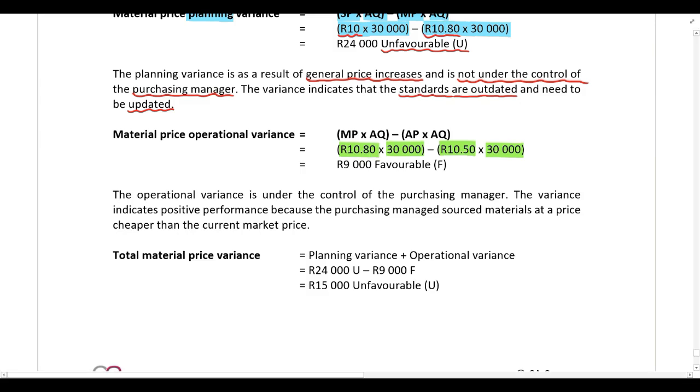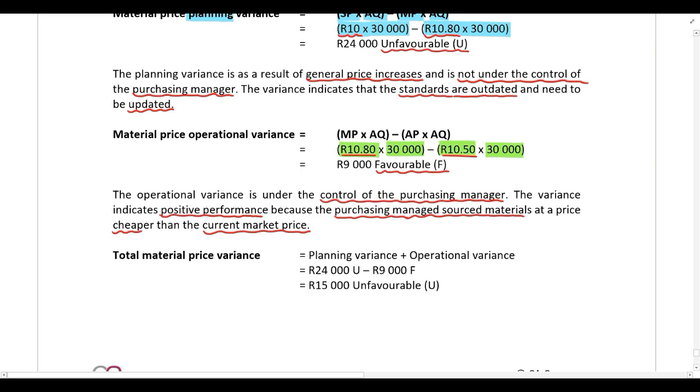So this is going to give us a favourable variance because the actual price per litre is less than the market price per litre. Now it's important to note that this operational variance is under the control of the purchasing manager. And the variance indicates positive performance because it's obviously favourable, and that's because the purchasing manager sourced materials at a price cheaper than the current market price.